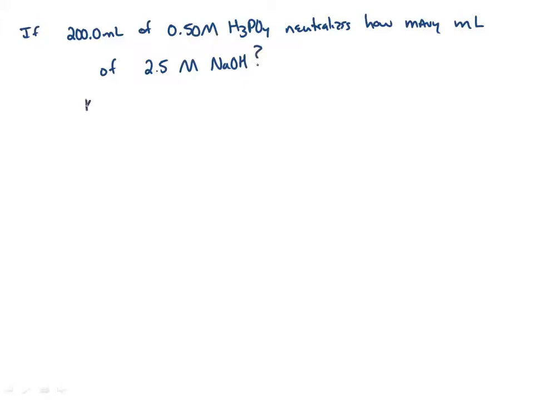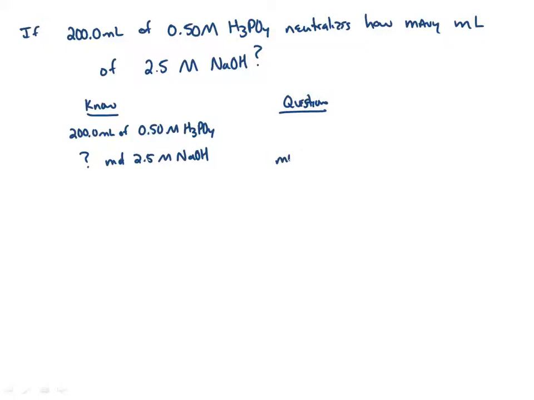So notice here what you know is you've got 200.0 milliliters of 0.50 molar H3PO4. And here you don't know how many milliliters of 2.5 molar NaOH you have. And what the question is asking you to answer is the milliliters of NaOH.